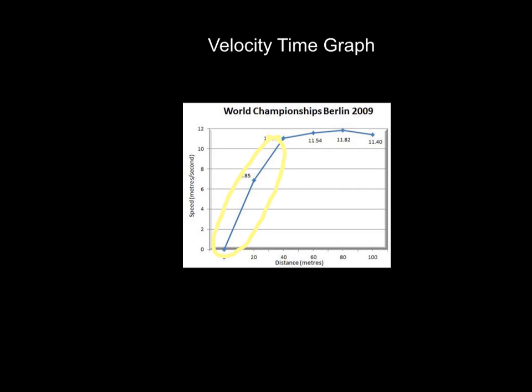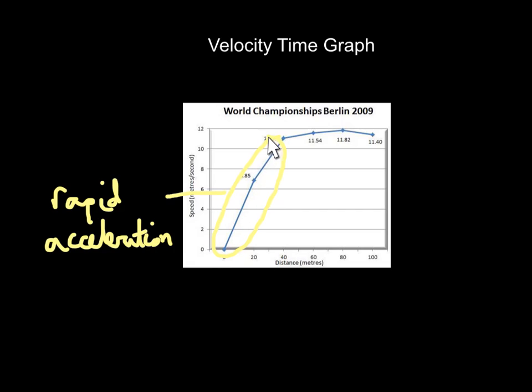It is showing rapid acceleration. And that's indicated by the steepness of it. It's a very steep line showing that he's getting up to very, very quick speeds in a very short distance.